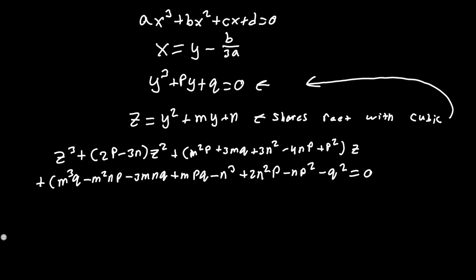So what we want to do is simply eliminate the z squared and z terms. And by doing that, we simply set 2p minus 3n equal to 0, where we solve for n. So we get 2p is equal to 3n, and n is equal to 2p over 3.